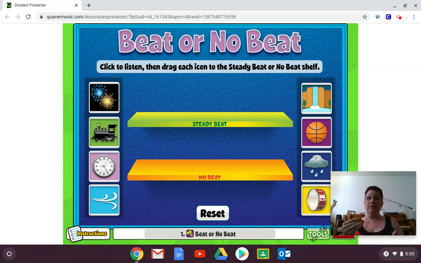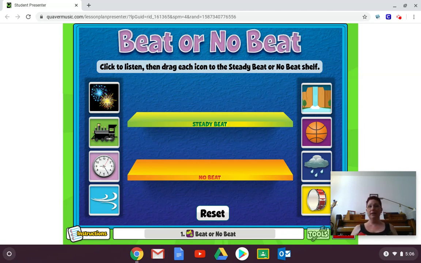In our older grade levels, we use that as the quarter note. 1, 2, 3, 4. 1, 2, 3, 4. And we even talked about mixing rhythms into a steady beat pattern, like ta, ti, ti, ta, or 1, 2 and 3, 4, 1 and 2, 3 and 4. That is something I was able to snap to if you heard the snapping in the background.